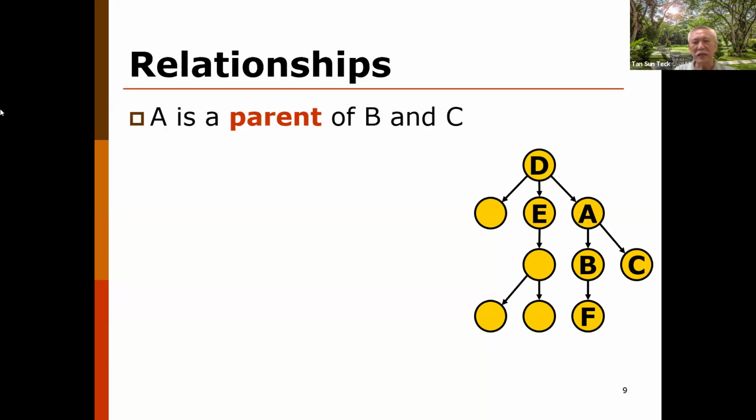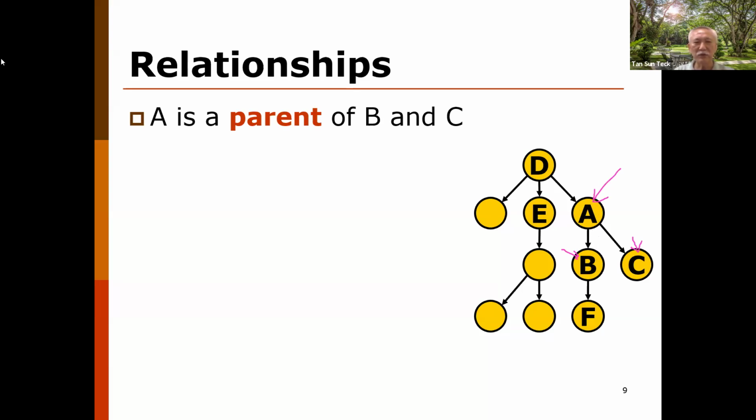Right, and we can also talk about some relationships between vertices. Right, so first of all, we say that A, in this case, is actually the parent of B and C. Right, so previously we said the neighbor, because it's only one node, one neighbor. But now A points to two children. Okay, so B and C are children of A, and A is actually the parent.